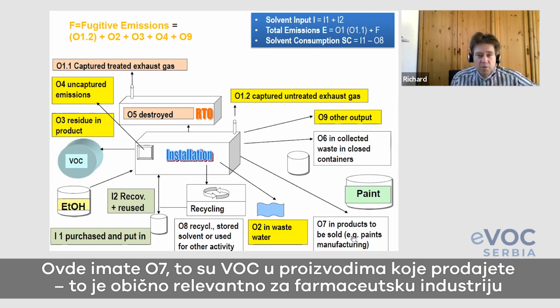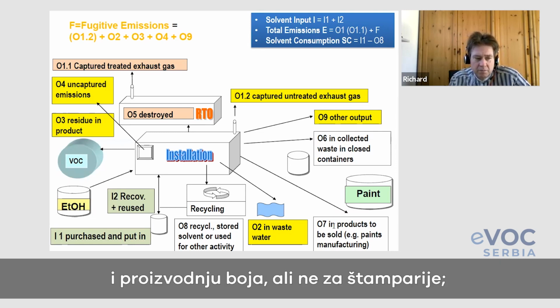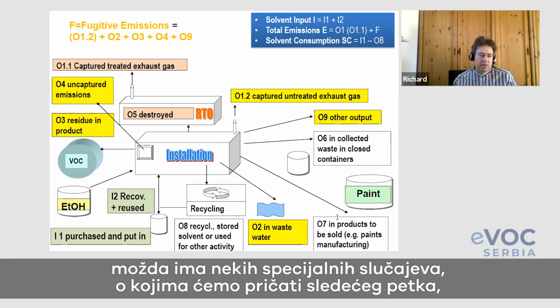Here you have O7, but that O7 you see in products that you sell. Normally, that is relevant for pharmaceutical products or paints production, but not so much for printing units. There can be some special cases.